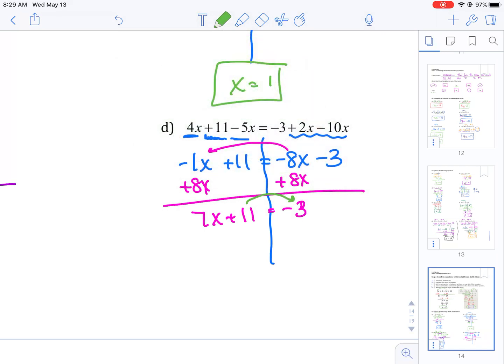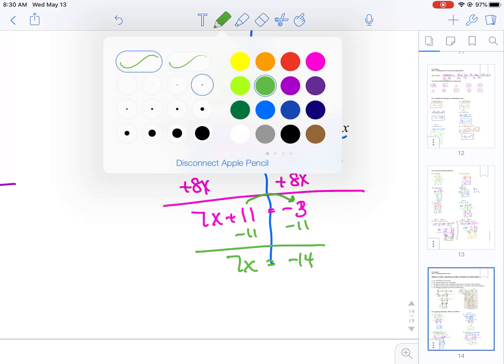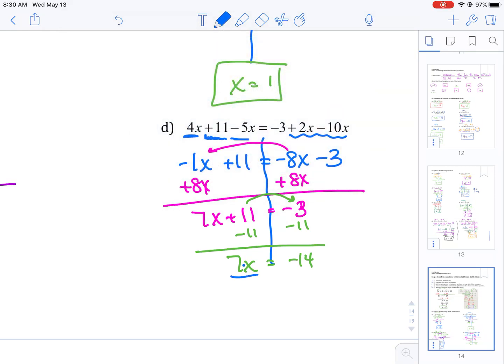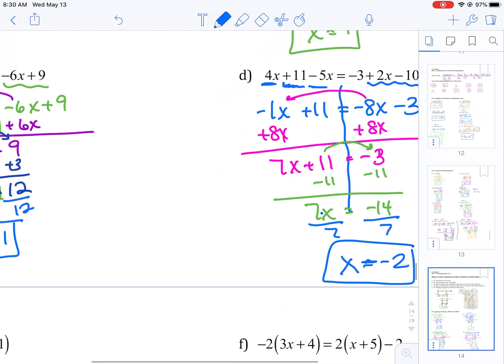Now we've got to move the 11 to the other side, so that's minus 11 and minus 11 since it was positive 11. That gives me 7x equals negative 14, not 111 here. And then again, since it's multiplication right there, I'm going to do the opposite. I'm going to divide, and my answer is negative 2.